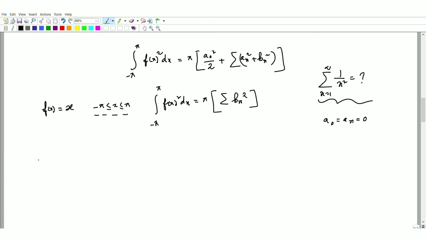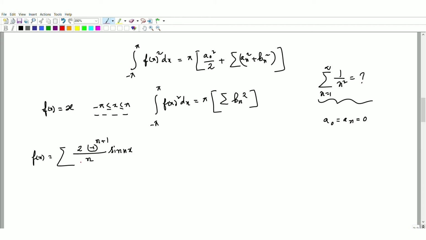Now we will write down the Fourier series of this function first, because from there only we can find the bn value. We have written this Fourier series many times, so we know it: x equals the summation of 2 times minus 1 to the power n plus 1 divided by n, times sine nx. Since it is an odd function, we only have the sine series, only sine nx is there, no cos nx.